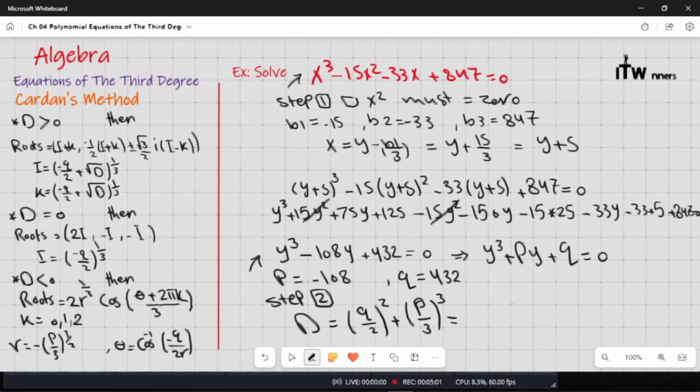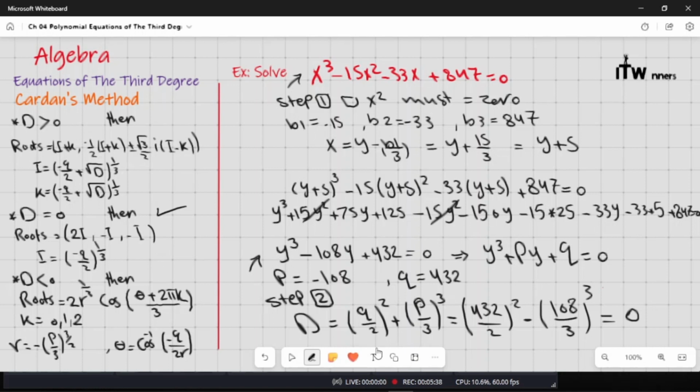This equals, here we have q equal to 432 by 2 squared, and here we have negative 108 by 3 cubed. Okay, this will be equal to 0. So we have here case 2 of d equal to 0.